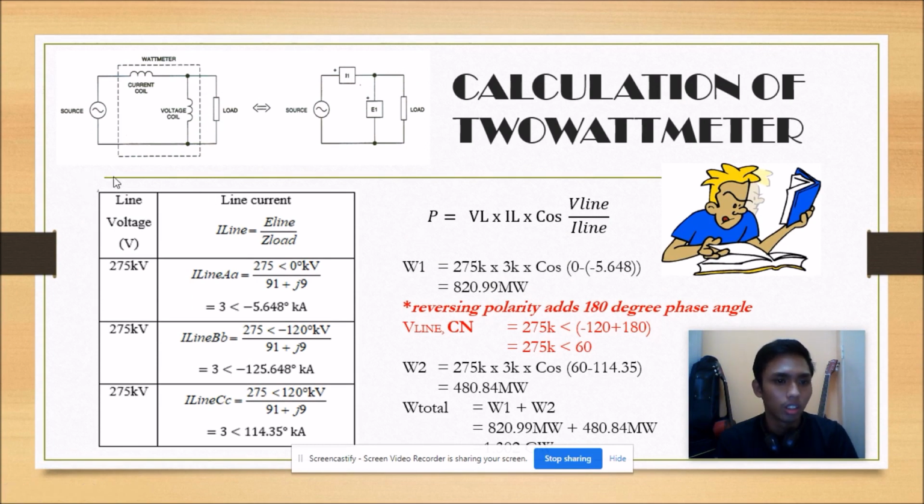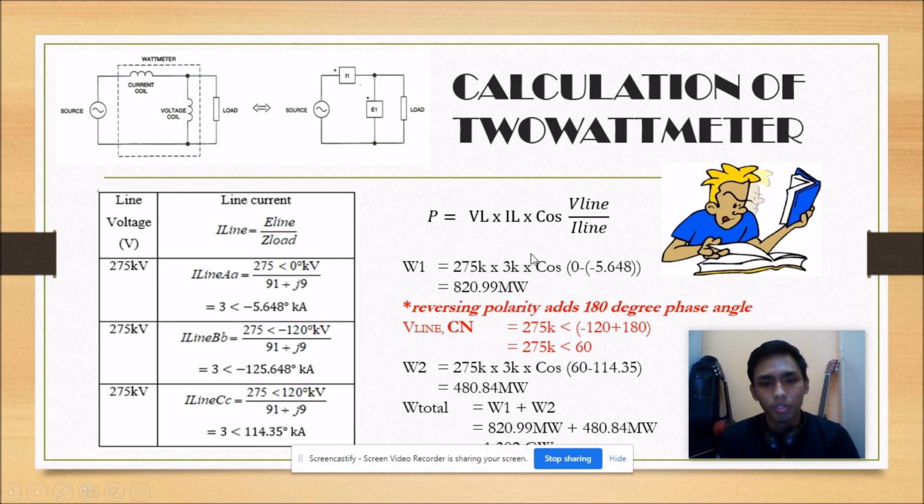That is, to calculate the line current, we must use the line voltage to get the value of line current. Okay, from the previous, before we convert to phase angle, we just take the original value of line voltage, that is 275 kilovolt, and then put it in this formula, divide by the Z load, and for both of these lines I got the same value of line current, that is 3 kilo ampere, but different in phase angle.